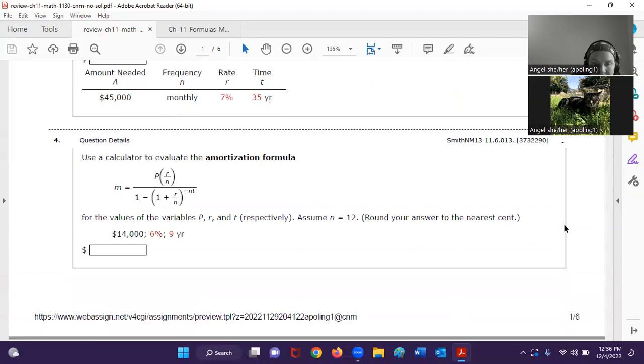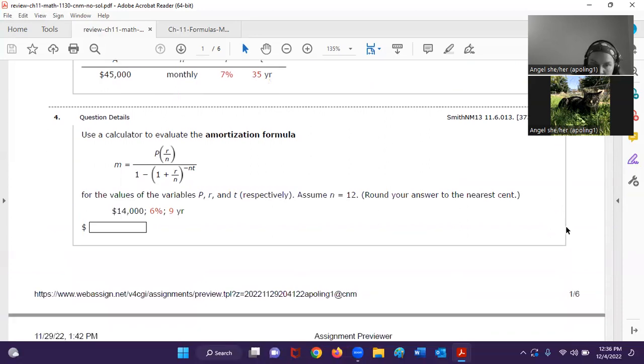Now, they just give us the equation on this one. So you just fill it out, right? So here we have 14,000 times 0.06 divided by n, where n equals 12.